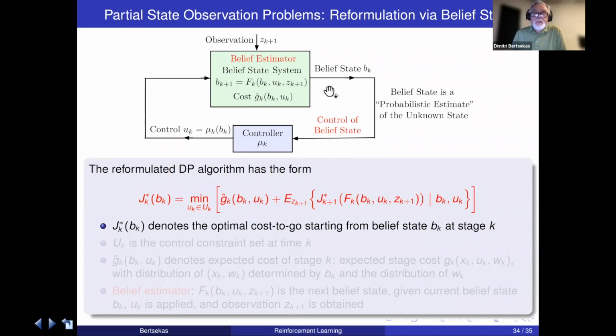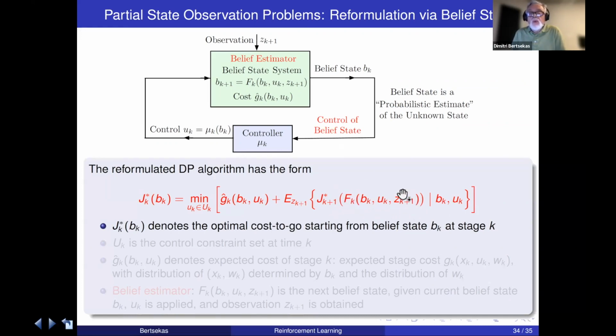So now, what would be the form of a dynamic programming algorithm? The state here is this belief state. So on the left-hand side, we have the optimal cost-to-go at stage k as a function of the belief state b_k. On the right-hand side, we should have the immediate cost of the current stage plus the cost-to-go from the state where we're going to land.